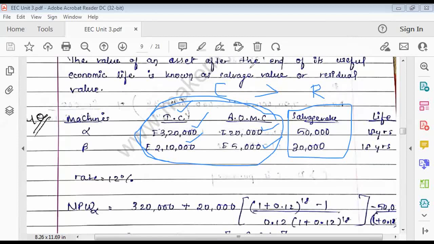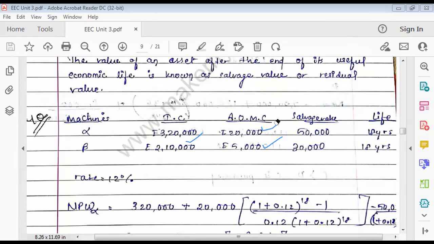Before that, I must delete this. Eraser. Okay. So we can go to the solution page.